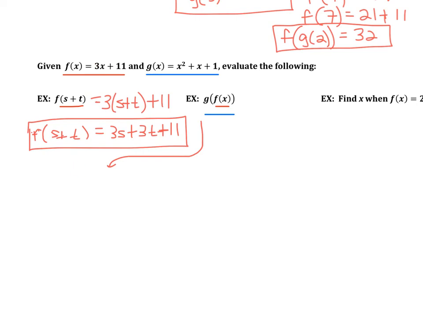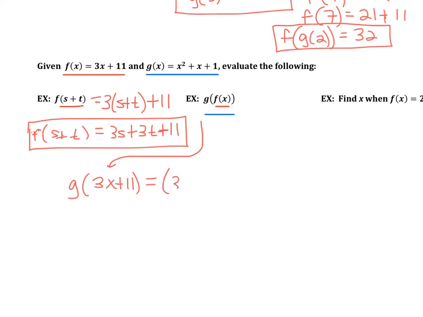So g of f of x, which is 3x plus 11, will be equal to, now I'm going to take this, my something, and I'm going to plug it in here. So g of something is equal to the something squared plus the something plus 1. So the something just happens to be 3x plus 11.